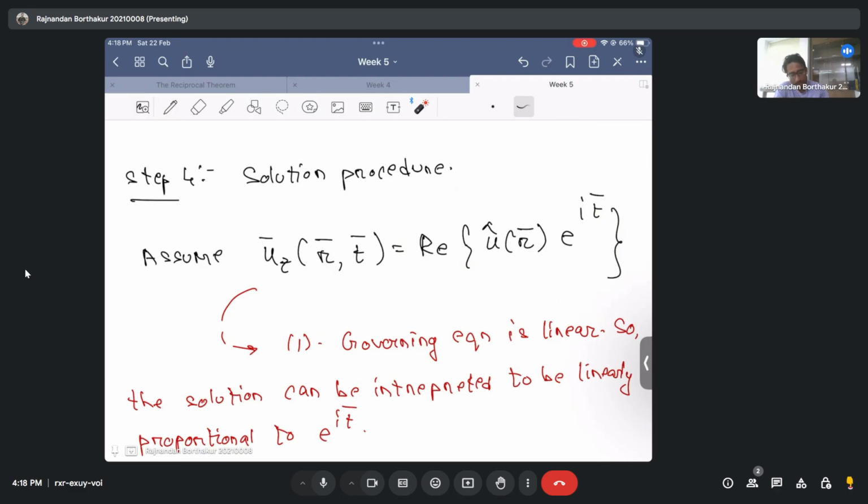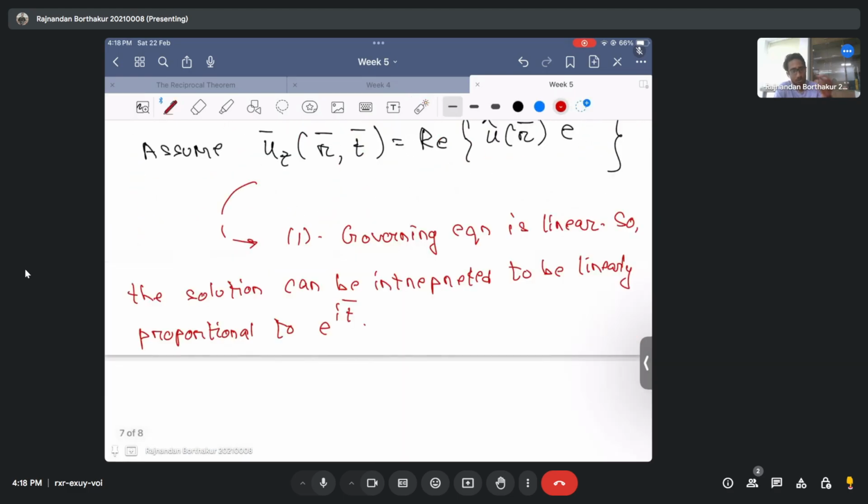And the second thing is, why did I consider this u hat of r bar? This basically accounts for a phase shift of the flow.